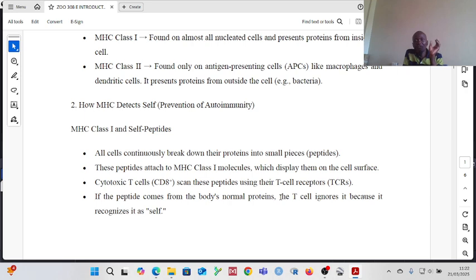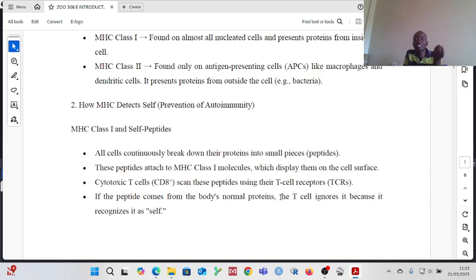When the cytotoxic T cells recognize that these proteins come from a cell in this body, and that cell is normal, then they will ignore them. So when you are a defender, you will not mark your fellow striker, so long as you have the same uniform. Okay? So how do you recognize that this person is belonging to my team? He's a striker, yes, but he is a striker in our team uniform.